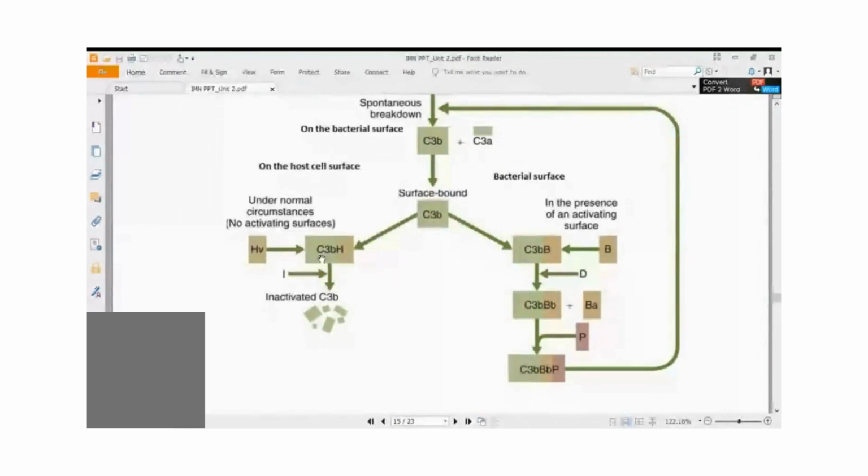And what do these contain? They contain the factors called H and I. Factors H and I. And what does the decay accelerating factor do?